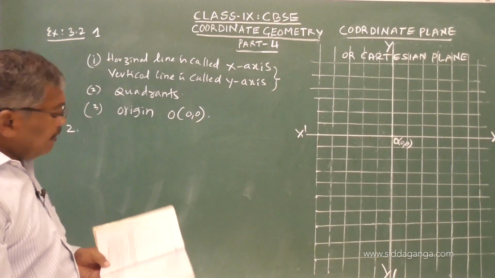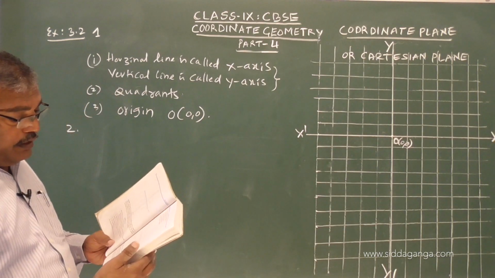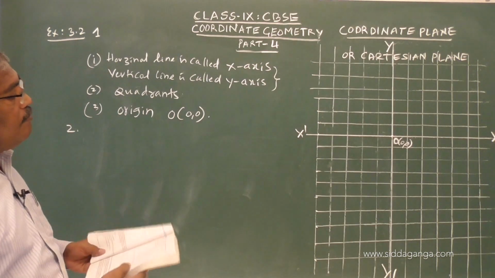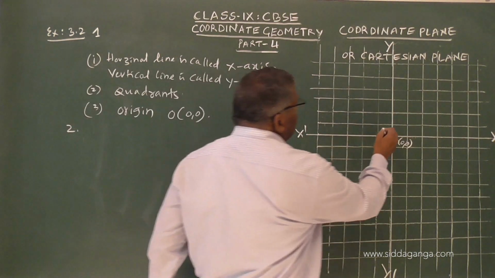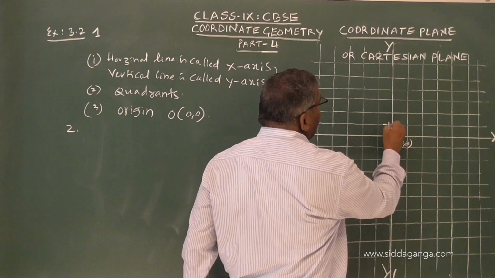Coordinate of point B. Point B, where it is given, you can see -5. First we have to complete this.